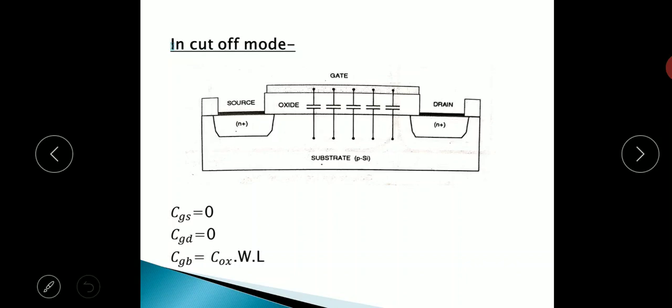So we can say there is no control of gate on source and drain. Therefore, gate to source and gate to drain capacitance are both equal to 0. Due to absence of channel, there is a direct contact between gate and body. So CGB equals Cox into W into L.